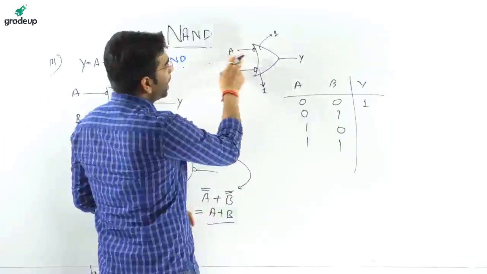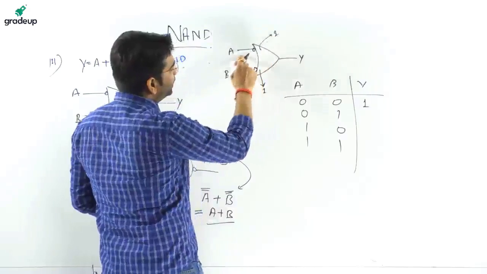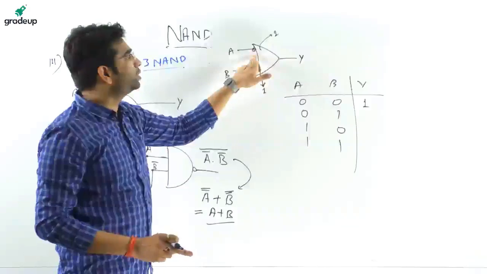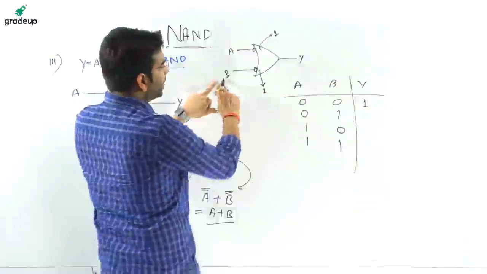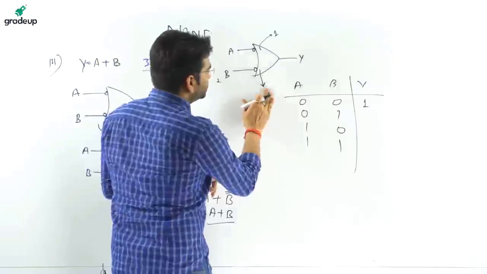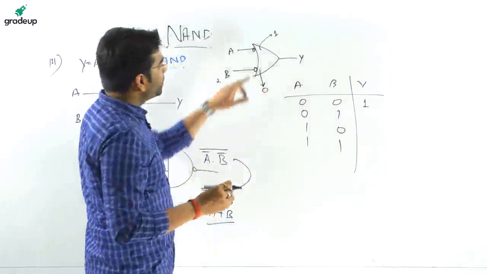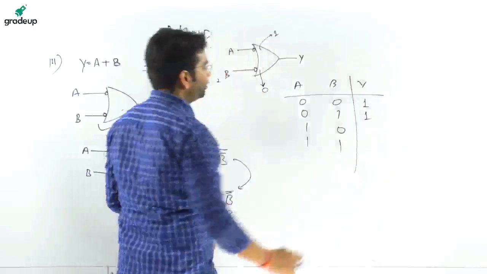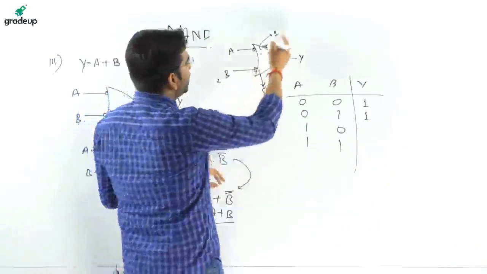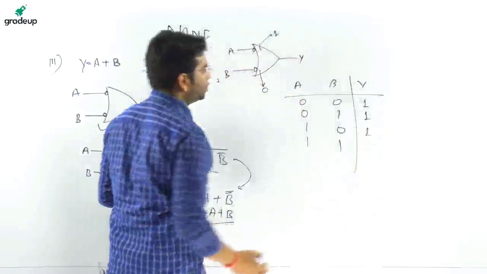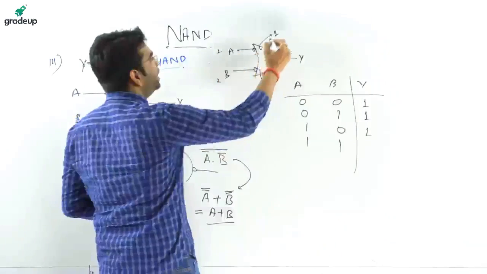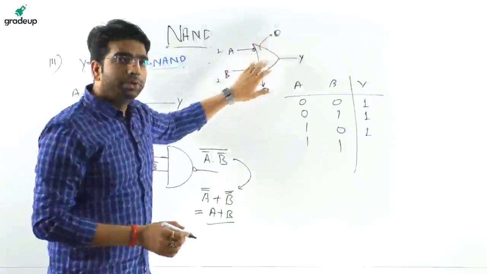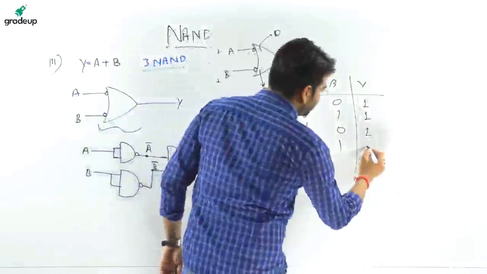If it is 0, again the internal operation will give 1 at this place, because it is a NOT. 0 was applied here, 1 is appearing here because of this NOT function. And here we are applying 1, so in the internal circuit 0 will reach. 1 0, the OR operation is now performed and it is again 1. Again the same thing will repeat and it is 1. Now here 1 and 1 are applied. Internally it will be 0, 0 ORing with 0 will be 0.